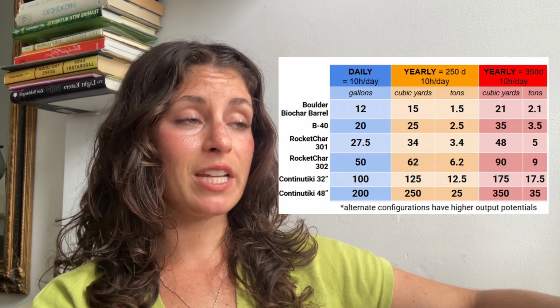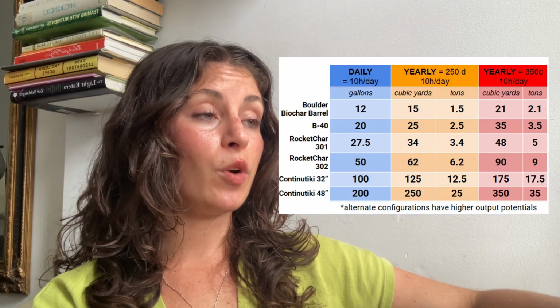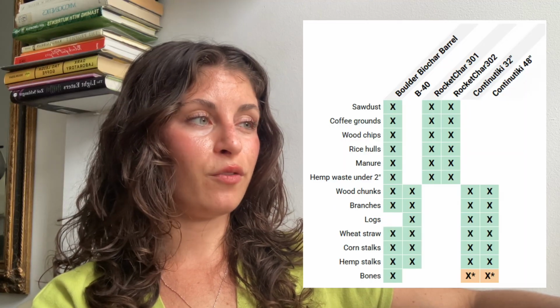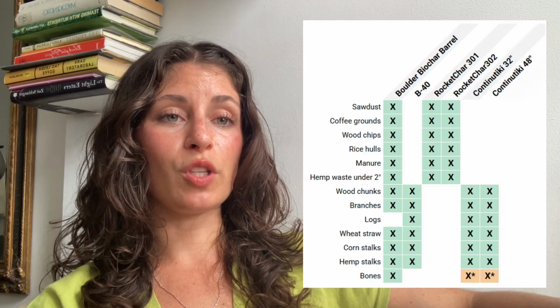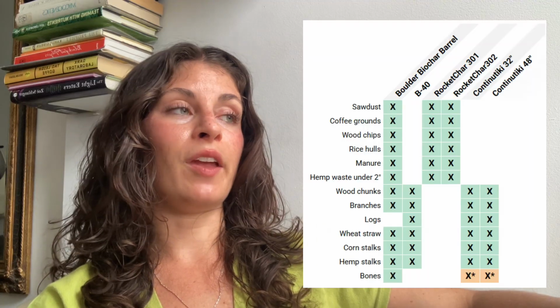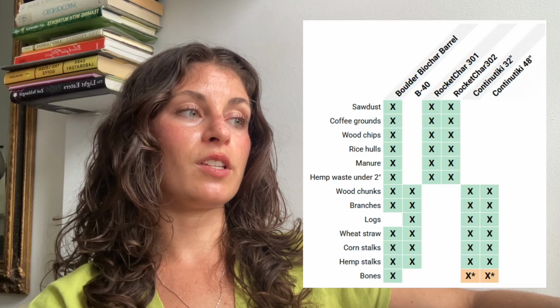I really like that they put on their website, for example, how much biochar could be created per day, per year with their different systems and what feedstocks are going to be working well. Different systems are going to be optimized for different things. If you're considering a biochar system, you really want to look at the readily available feedstocks of what you would make, because not everybody is going to need a high tech system.